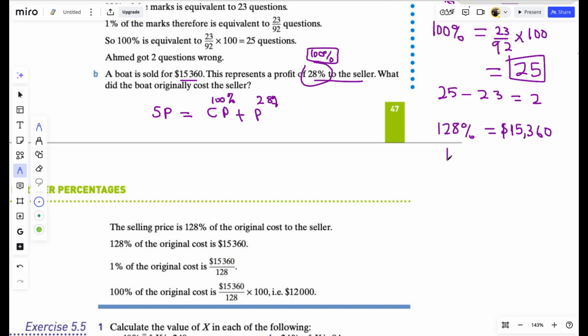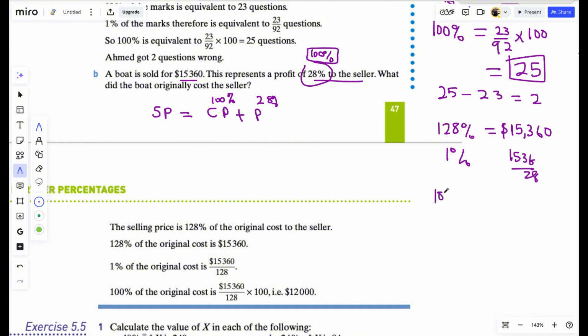Then 1% will represent what? 1% will represent this divided by this: 50,360 divided by 128. So 100% will be what?